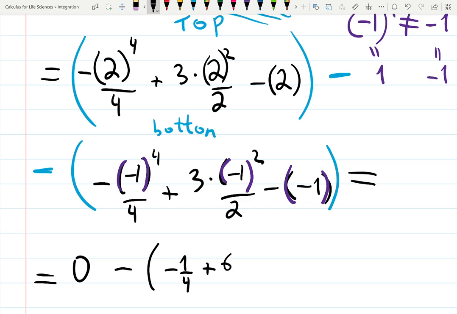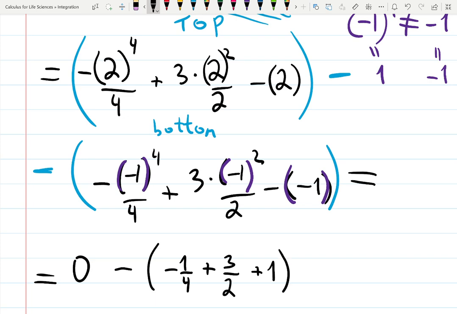Plus 6 over... That was 3 over 2. Plus 3 over 2. Plus 1. And then plus 1. Yeah, that looks good.